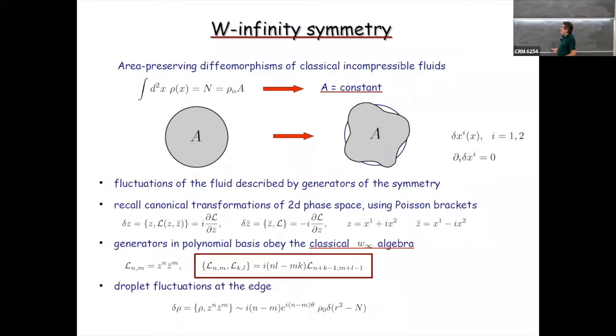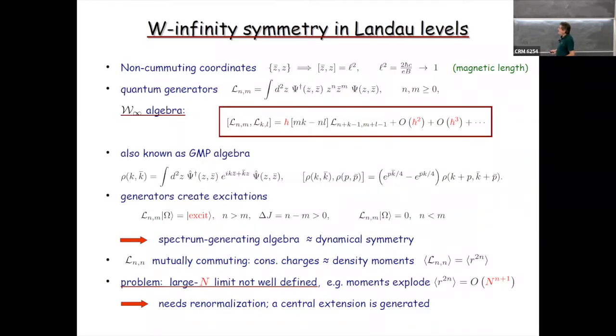Then we go to the quantum theory. In the quantum theory, you have to know that in the lowest Landau level, the coordinates are not commuting, okay? So simply we replace the Poisson bracket with commutators. And this is the so-called magnetic length, which is expressed in terms of the magnetic field. We put it to 1 because we use dimensionless units, okay? At this point, the generators are simply the one-body form of the operators of the classical theory, okay?